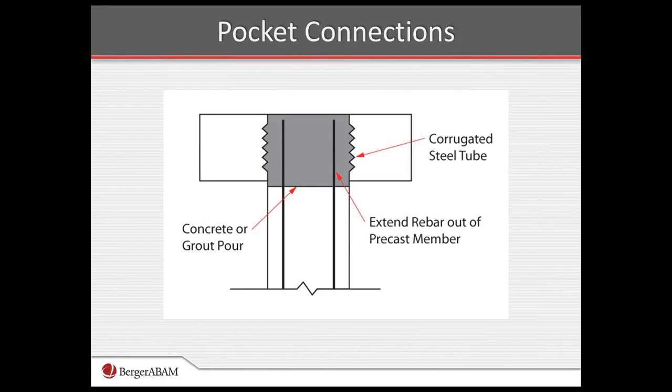The next series is pocket connections, where now you have a blocked out pocket in a cap beam, and the pocket could be created by a corrugated steel tube that can also double as confinement around the concrete that will be placed in the center as you extend bars from the column up into this pocket.